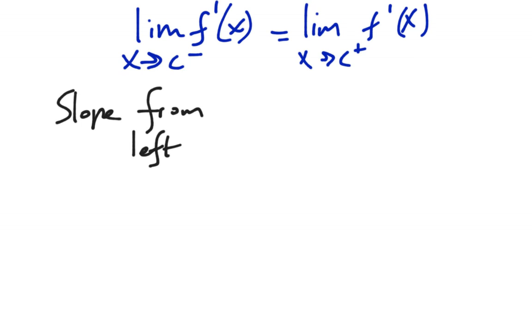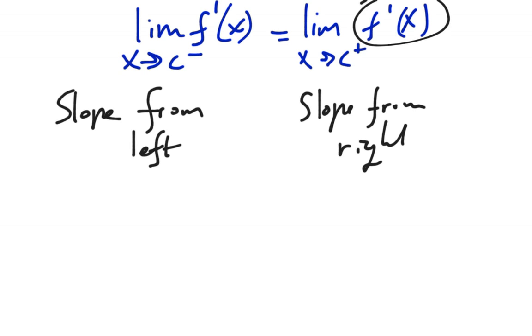And this right-hand side, well, that's f prime again, and f prime is the derivative. I say derivative, you think slope. This is the slope from the right. And all that differentiable means is that the slope from the left equals the slope from the right, and this is a number.